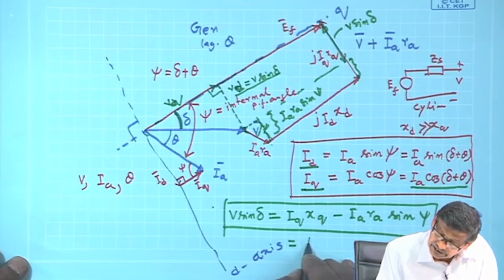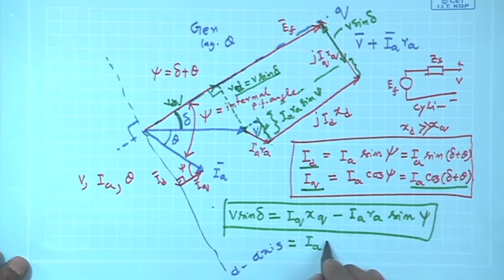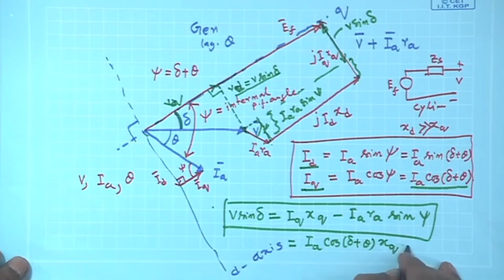So, what I will do is this: for Iq I will put this value in terms of Ia. So, I write it as Ia into cosine (delta plus theta) into xq, minus Ia Ra into sin psi.